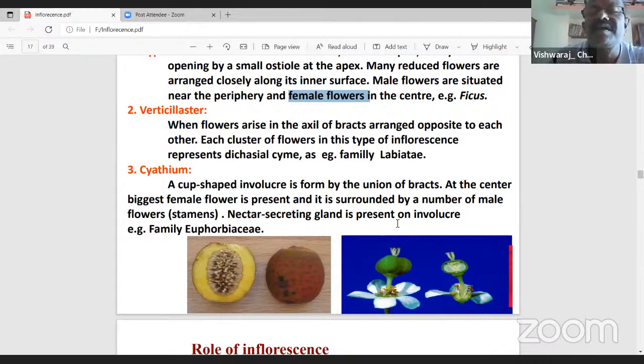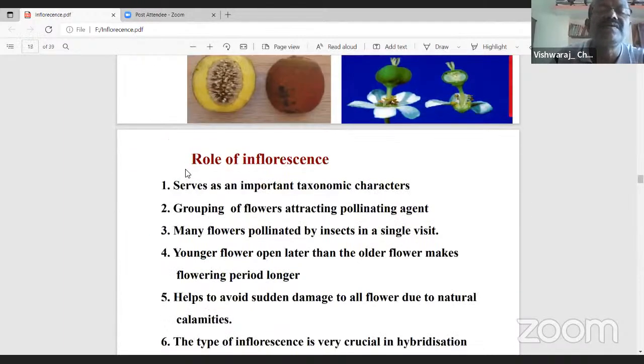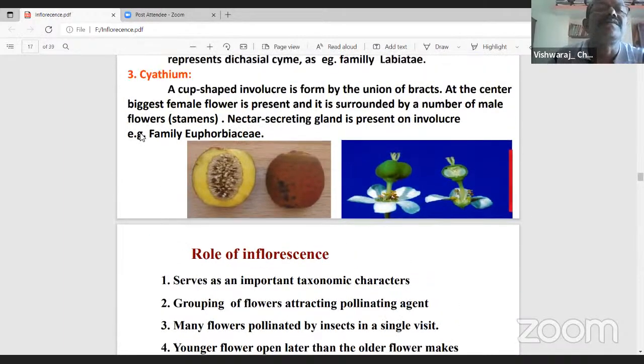Nectar secreting glands are present on the involucre, secreting some fluid in this Cyathium type of inflorescence. This is a type of inflorescence.